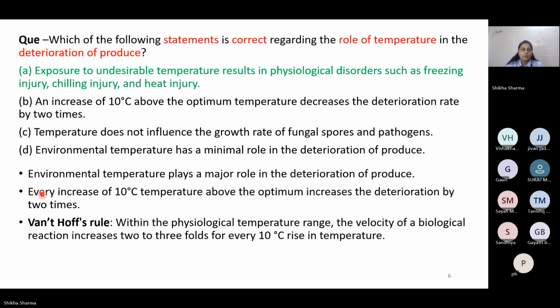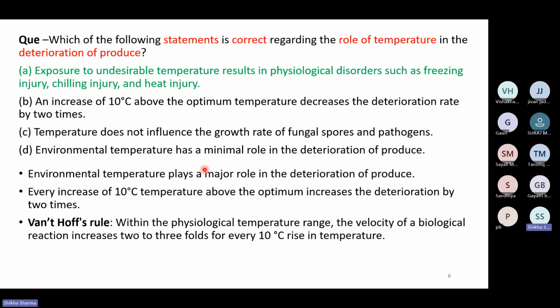But we know that whenever we increase 10 degrees Celsius above the optimum, the deterioration rate increases by 2 times. But here in option B, it says it is a decrease in the deterioration rate, which is not correct.